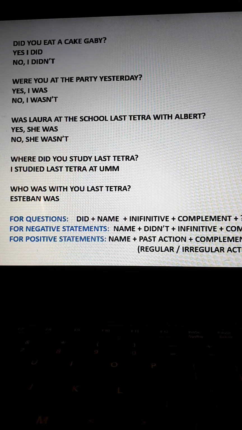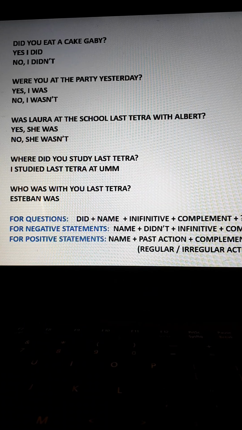And the same happens, for example, if you want to say Danny and Jackie didn't go to the party, singular and plural, or Jackie didn't go to the party. So for singular and plural, we're going to use didn't plus the action in base form or infinitive, and then the complement.